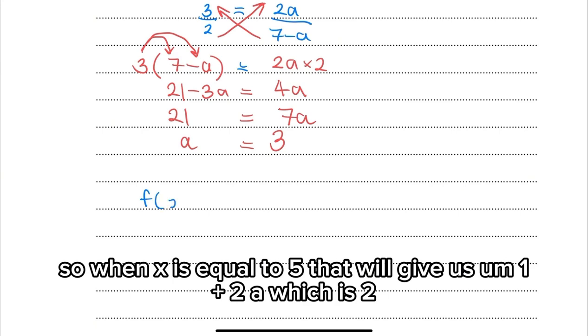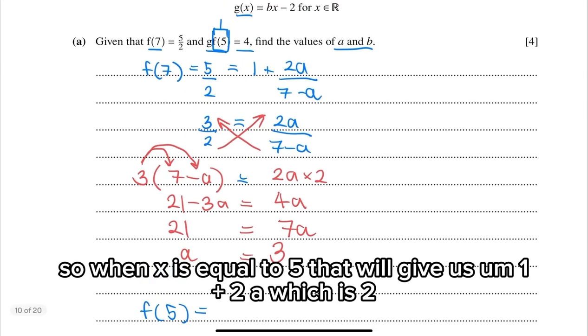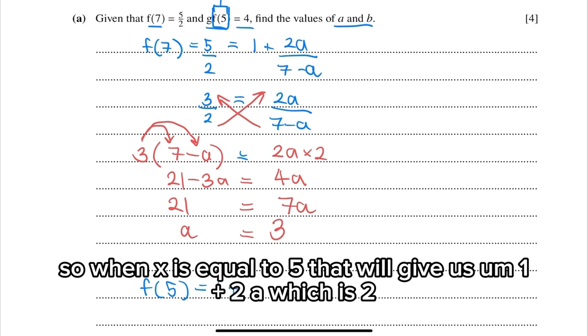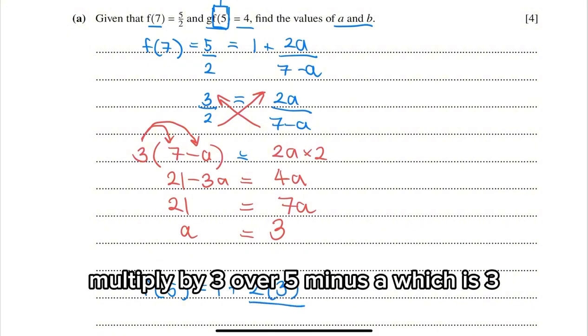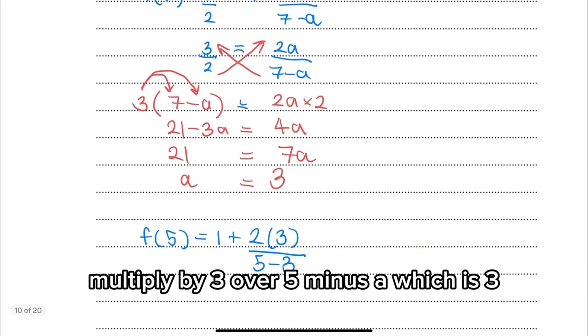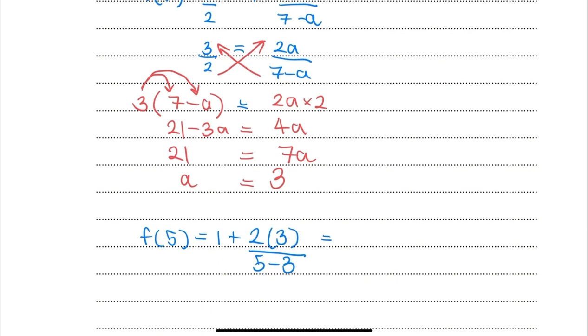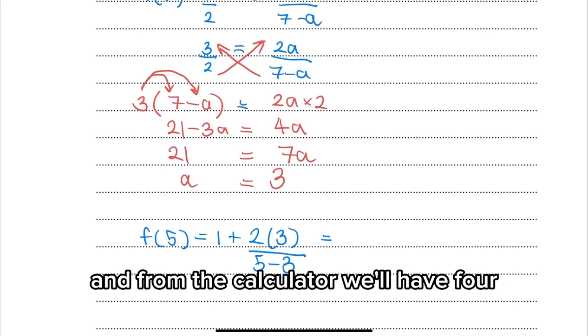So when x is equal to 5, that will give us 1 plus 2a, which is 2 multiplied by 3, over 5 minus a, which is 3. And from the calculator we'll have 4.